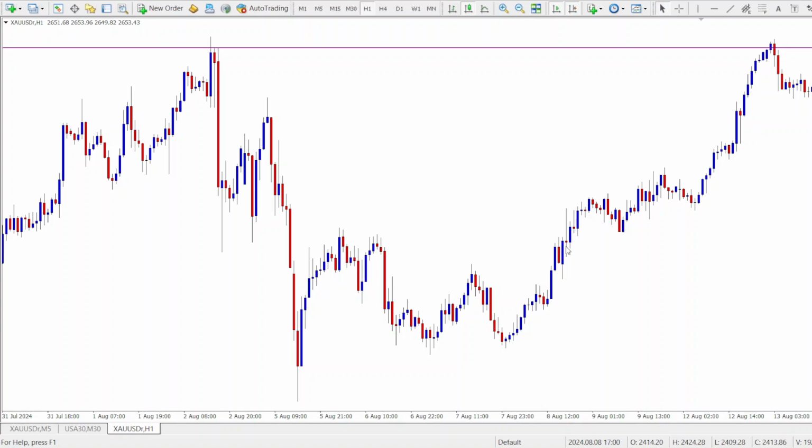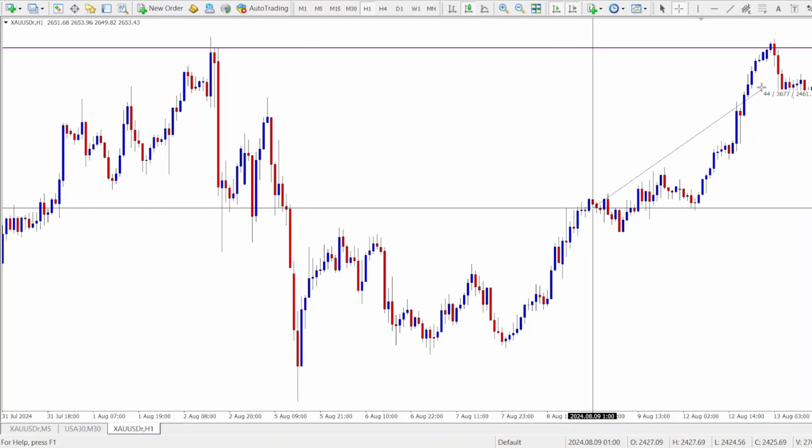Or we would have decided to wait for two extra bullish candles, which would have been entering around here. But the more candles you wait for, the lesser your profit target is going to be. Because if we had entered after here, our target would have reduced to about 530 pips. But if we had entered after this candle, it would have been around 490 something pips.